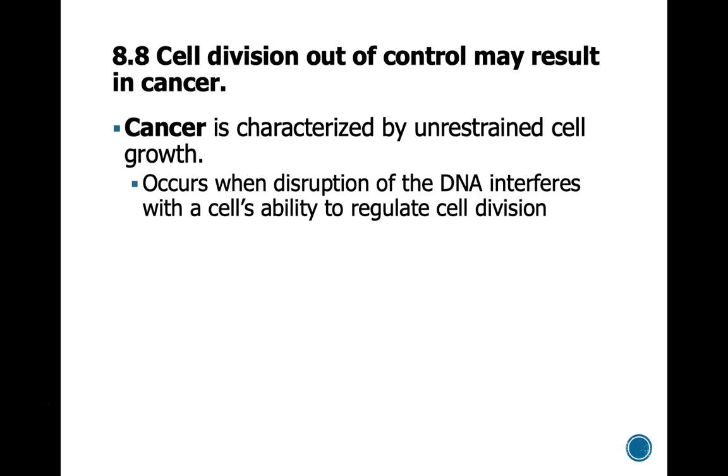And so this can occur for a variety of different reasons. Usually, it is a mutation that occurs in an enzyme or a protein that is involved in one of those checkpoint regulations. And so basically, even though the cell has damaged DNA or isn't completely healthy, it's allowed to go past that checkpoint and continue cell division.